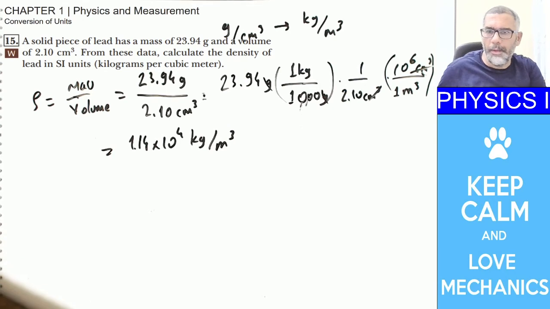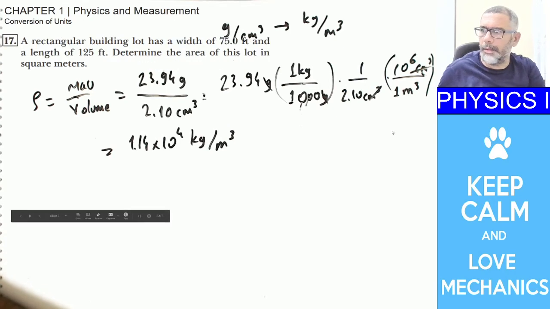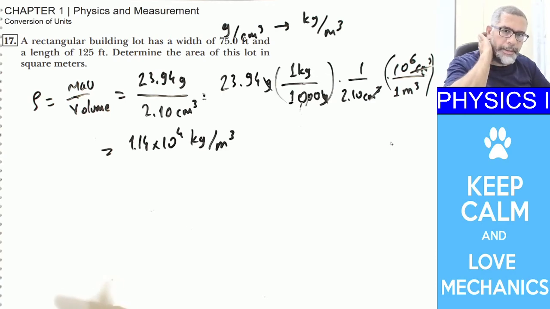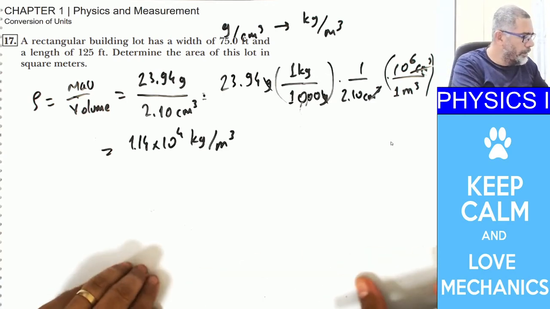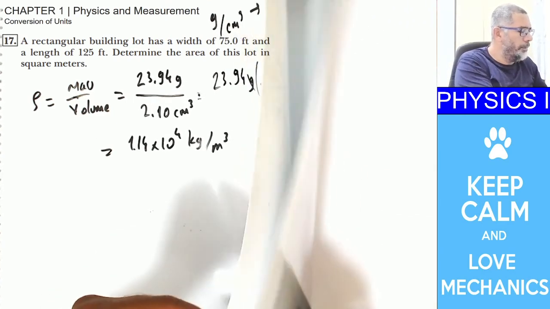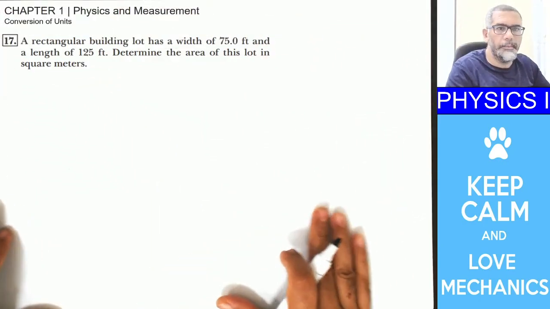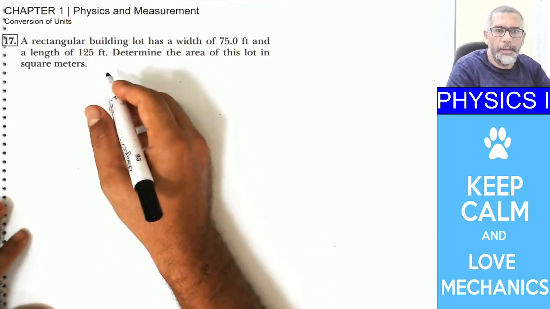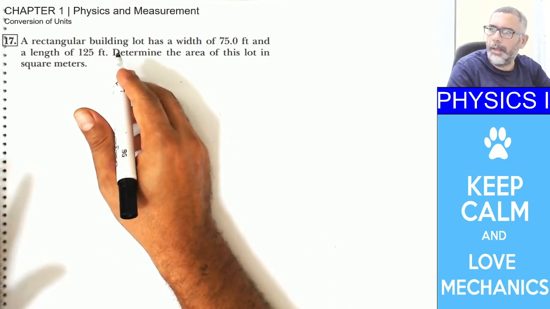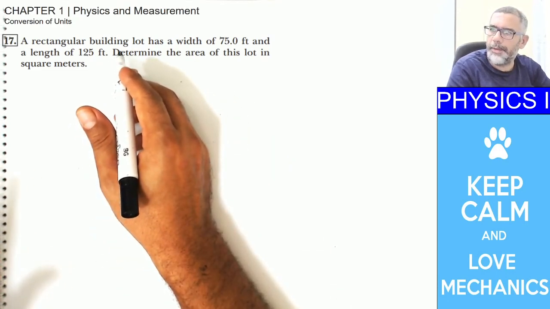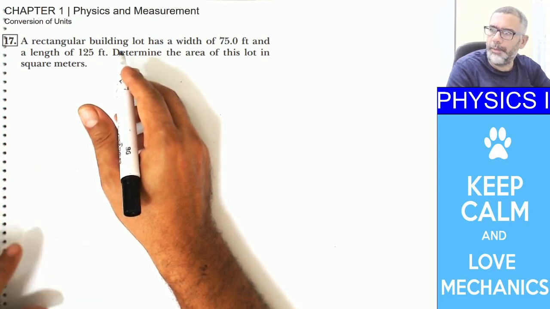Okay, so what about the next question? Next question is, let me also turn the page. A rectangular building lot has a width of 75 feet and a length of 125 feet.